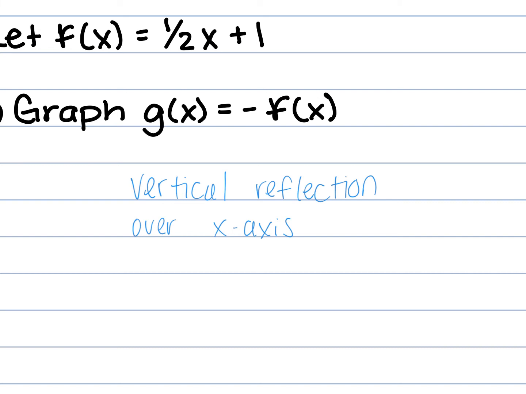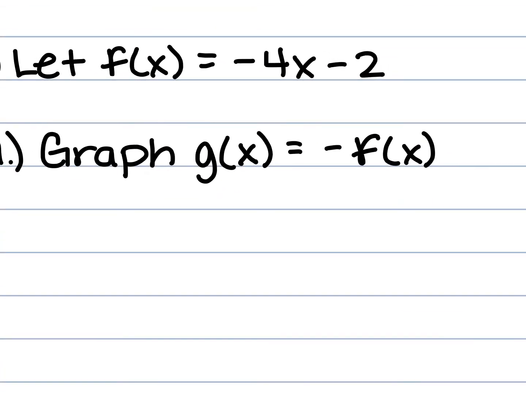Now, if it's horizontal and you're reflecting left to right, what axis am I reflecting over? The y-axis. All right. Let's do the next two. g of x equals negative f of x. Vertical or horizontal? Vertical, because the -1 is outside. Good. Is it a reflection or a translation?